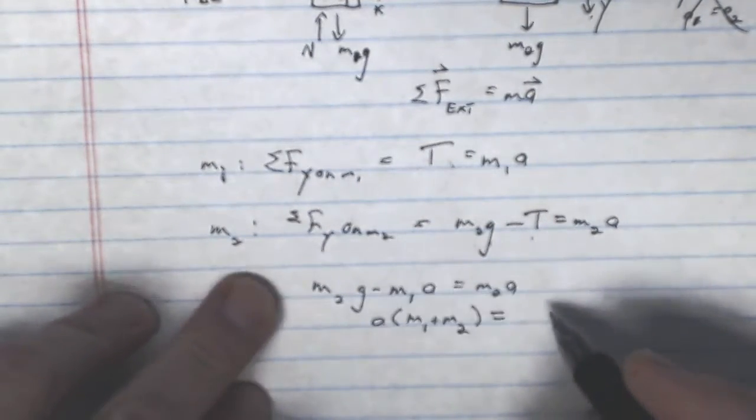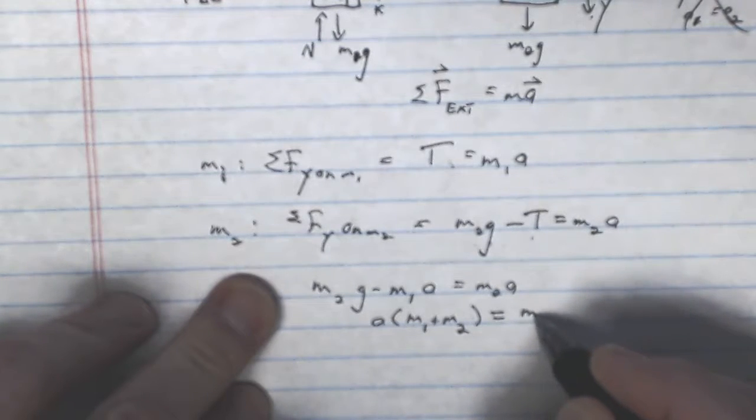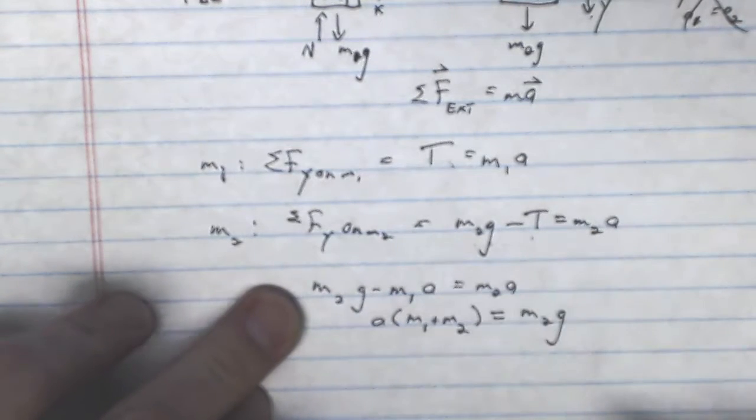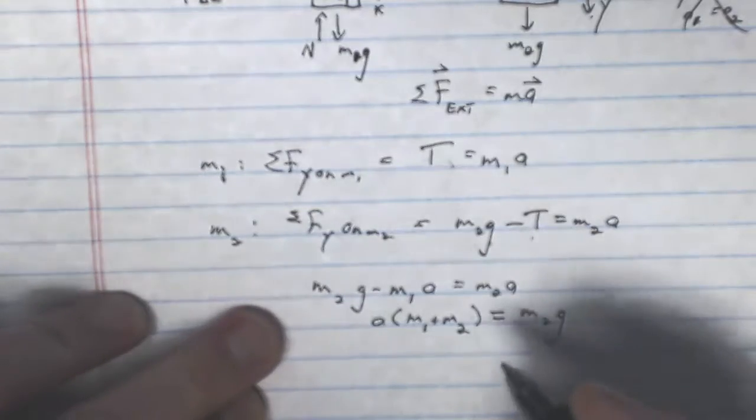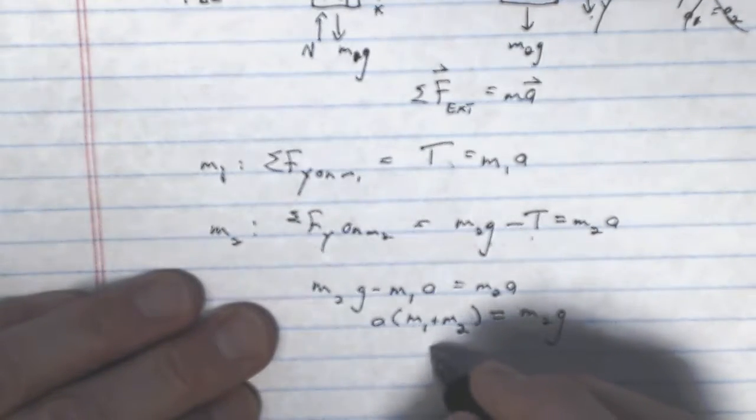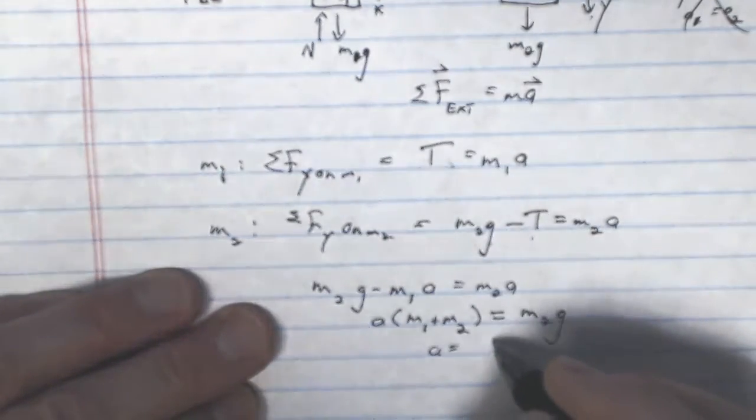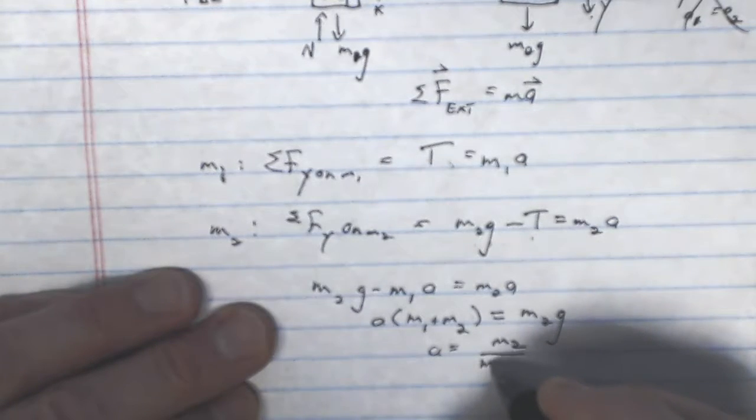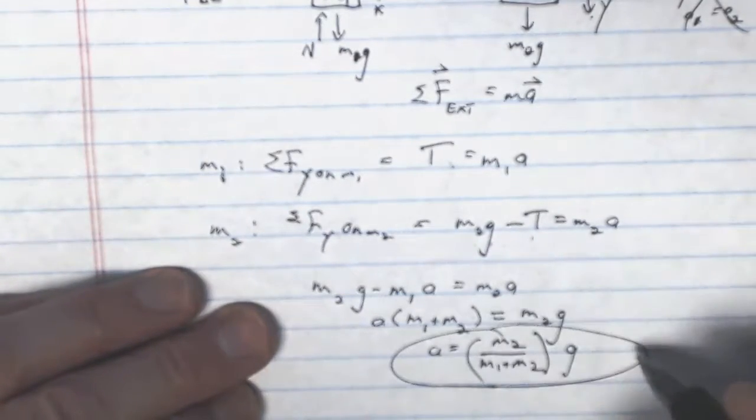And this will be equal to, again, m2g, which will be left on that side. And what I've got then is the acceleration equals m2 divided by (m1 plus m2) times g. That's one of the things I was asked to solve for.